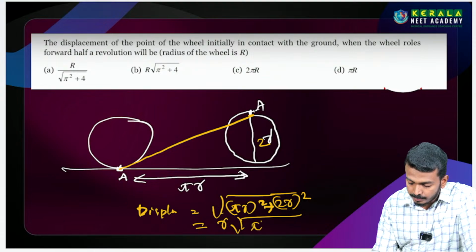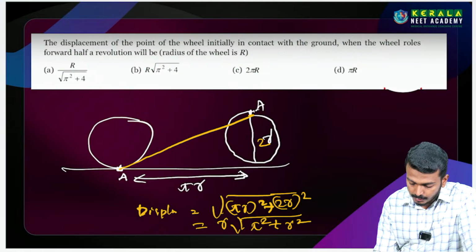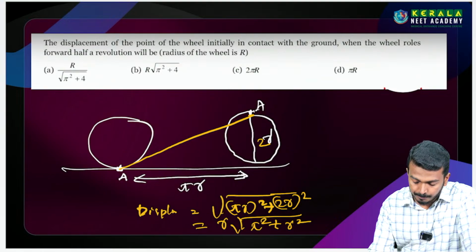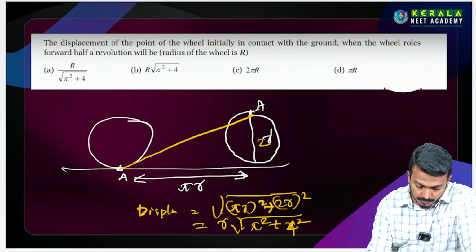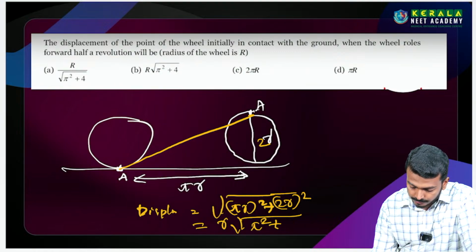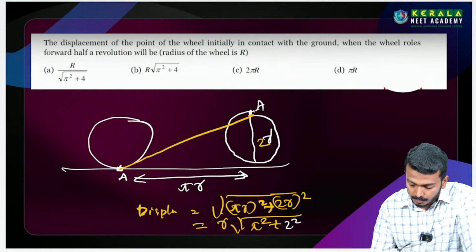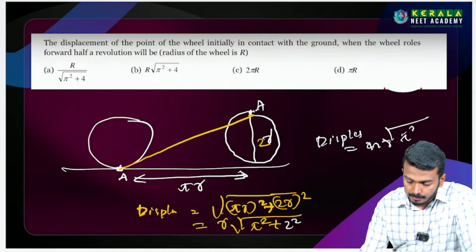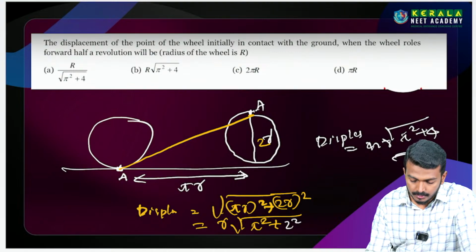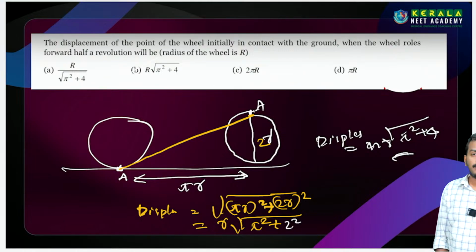Then inside the bracket, pi square plus 2 square, which means 4. So displacement of the body is equal to r into root of pi square plus 4. Which option is correct? Yes, the second option is the correct answer.